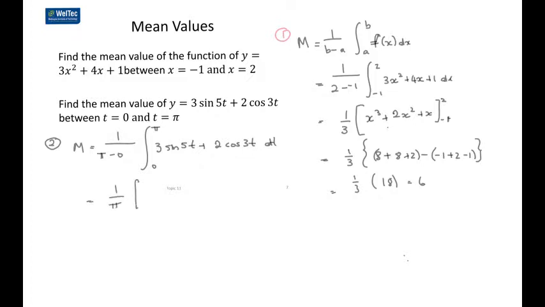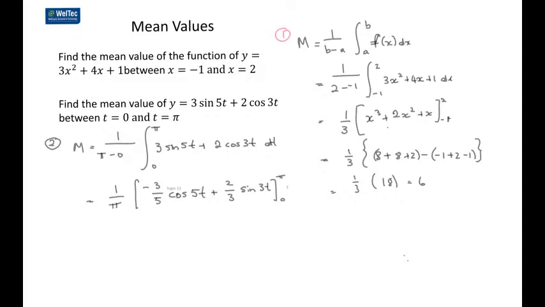Now doing the integration, we get negative 3 over 5 cos 5t plus 2 over 3 sine 3t between pi and 0.